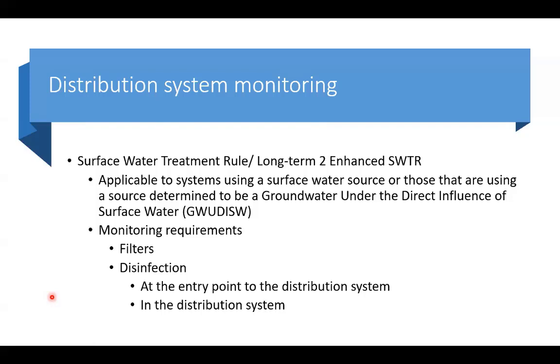That water from those lagoons has traditionally been pumped back to the headworks of that plant. So now it's gone from being a groundwater system to a groundwater under the direct influence of surface water. Then they've been undergoing significant changes in their treatment system to eliminate that recycle in order to avoid being a system that is under the direct influence of surface water.